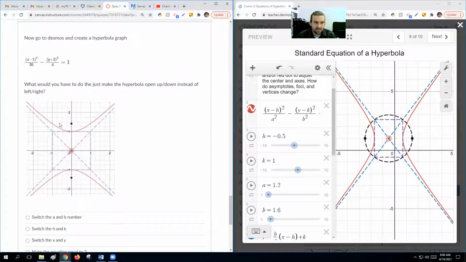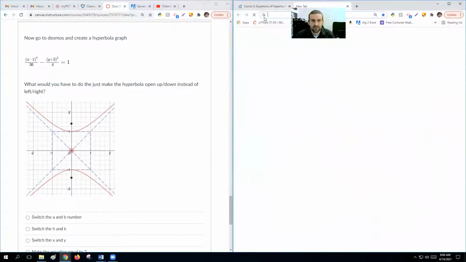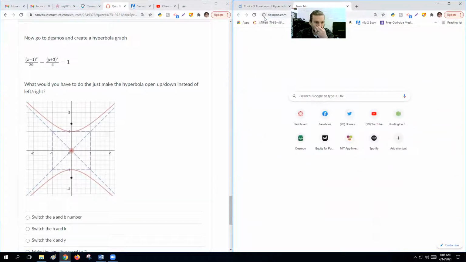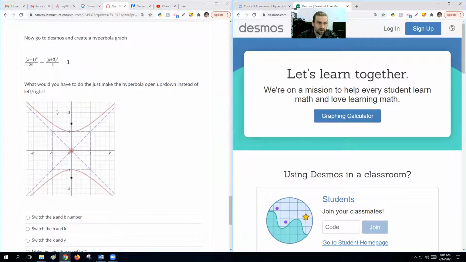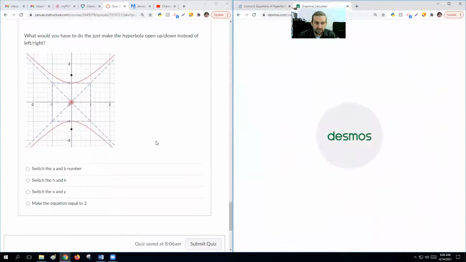All right, so now go to the Desmos graph, and we're going to try to create this one here. So we're just going to go straight to Desmos. Let's go to the graphing calculator.